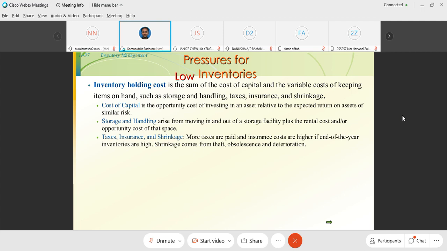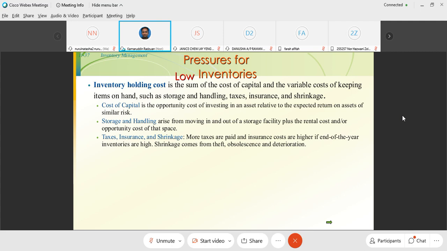So kita tahu di sini, bila kita mempunyai inventory, kita terpaksa menanggung capital cost, kos modal yang tinggi, kan? Dan juga kita terpaksa menanggung kos-kos berubah berkaitan dengan penyimpanan inventory, iaitu kos mengurus inventory tersebut, kos penyimpanan, percukaian, insurans, dan susut nilai pada inventory tersebut.